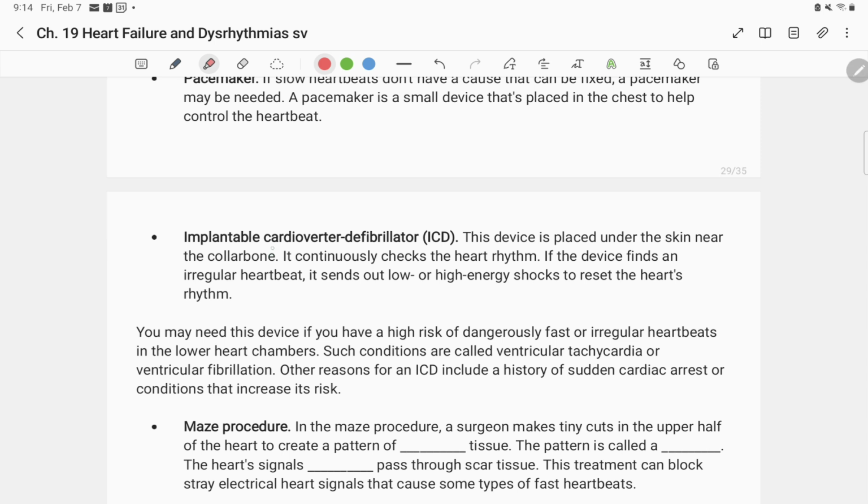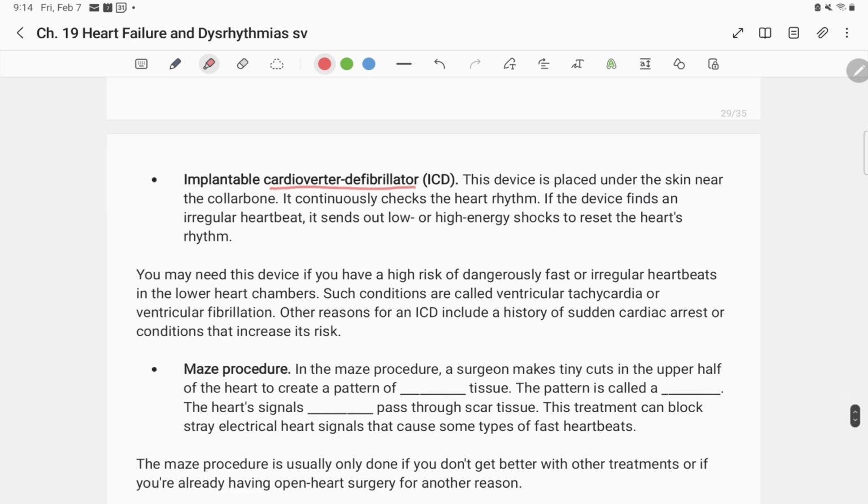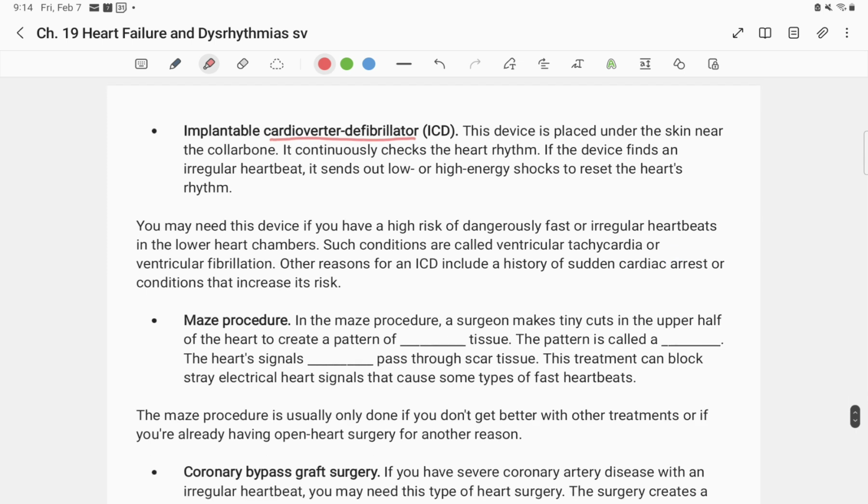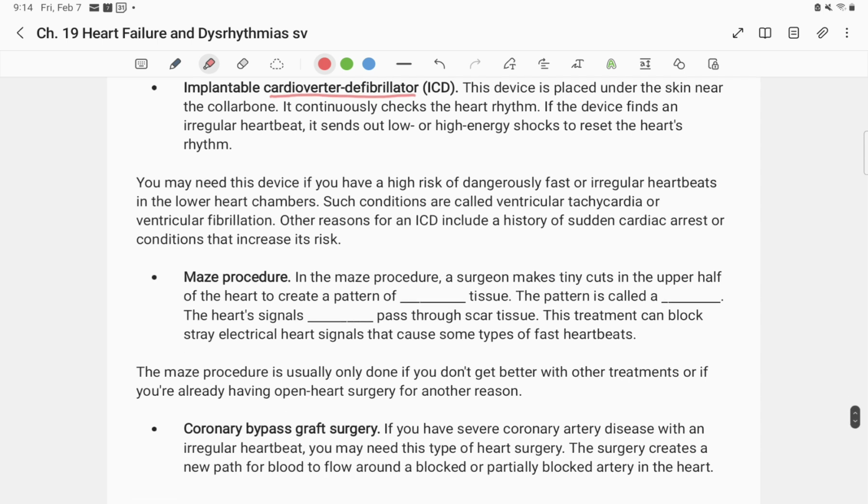Okay, an implantable cardioverter defibrillator is placed under the skin near the collarbone area, that also sends out low or high energy shocks to reset the heart rhythm.